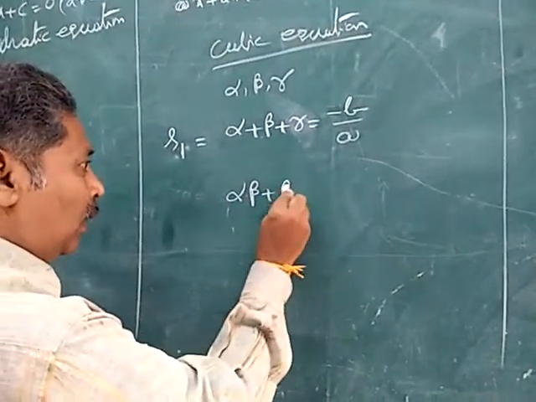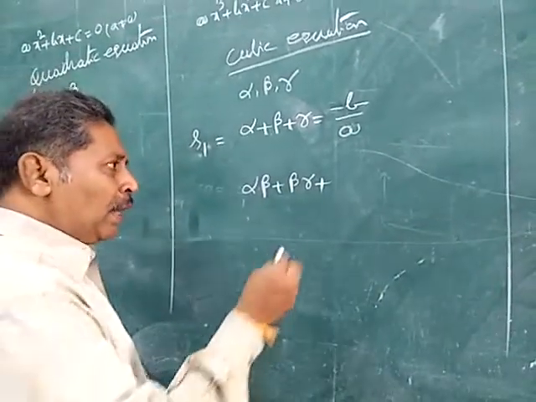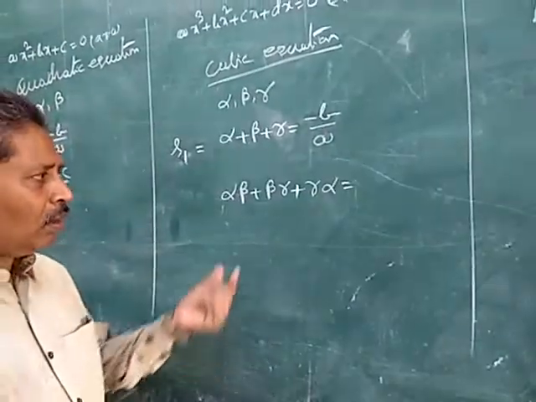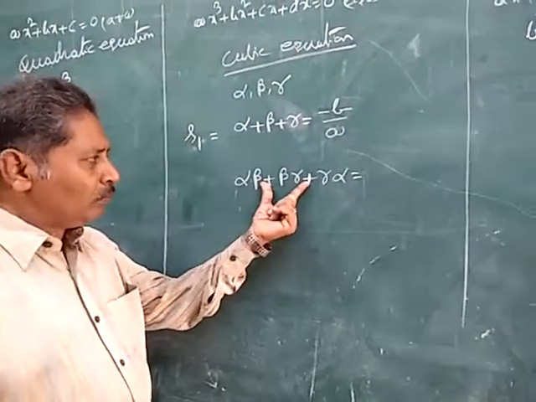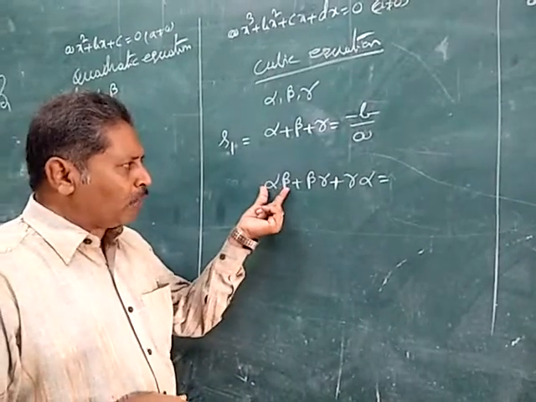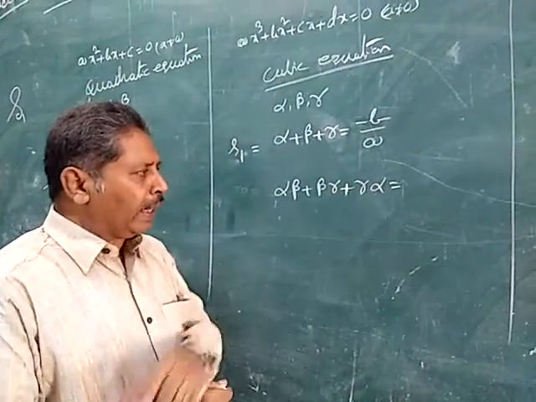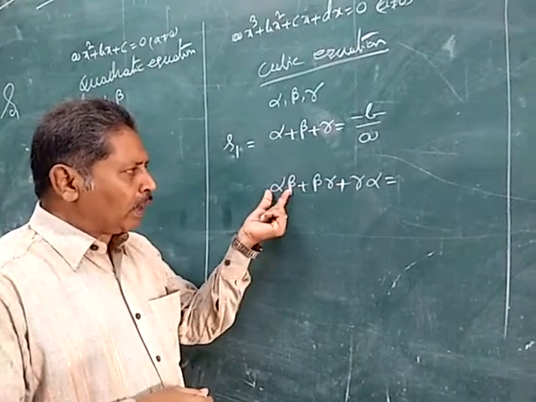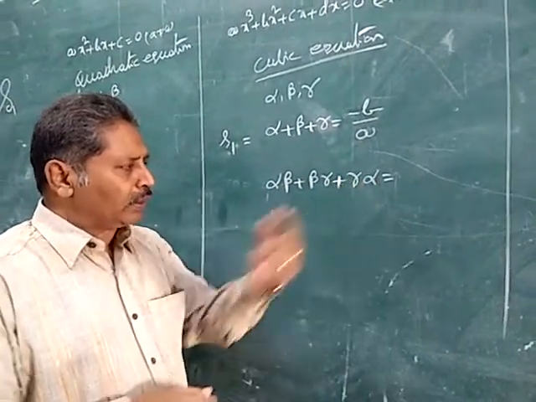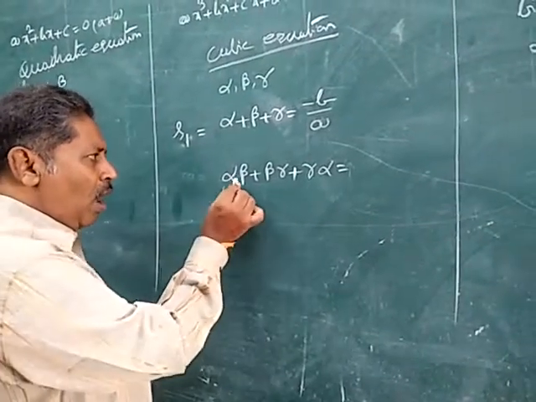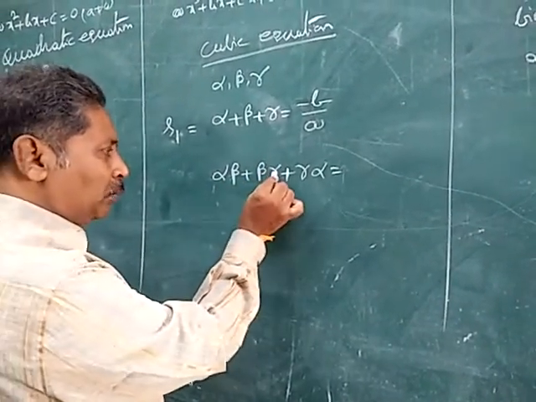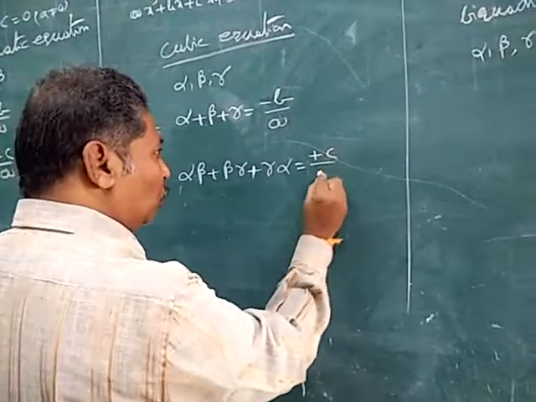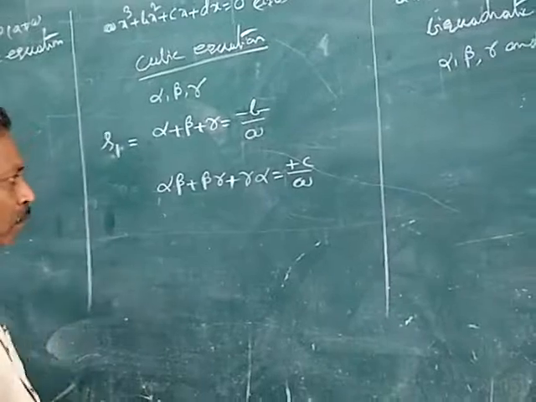Next, alpha into beta plus beta into gamma plus gamma into alpha, the sum of the product of the roots taken two at a time, equal to plus c by a.